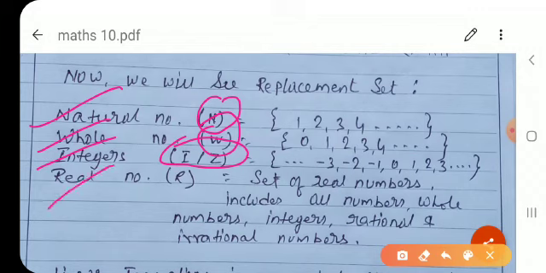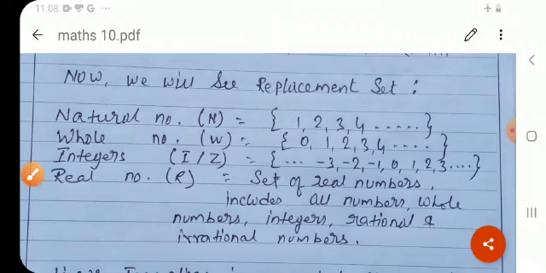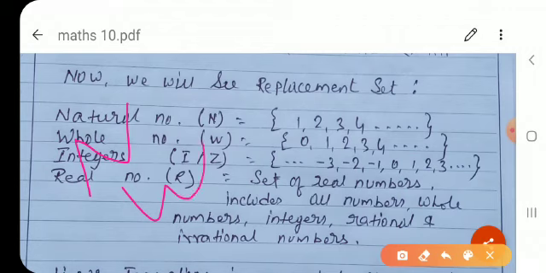Next comes real number. Real number means a set of real numbers, includes all numbers, that is whole numbers, integers, rational numbers, irrational numbers, everything comes in the real number, and real number is denoted by R. So N means natural number, W means whole number, I or Z means integers, and last R means real number. These 4 things we have to keep in mind.